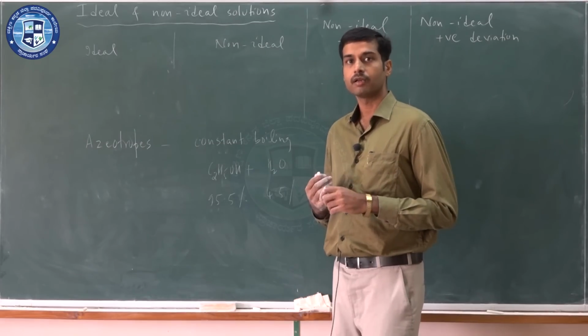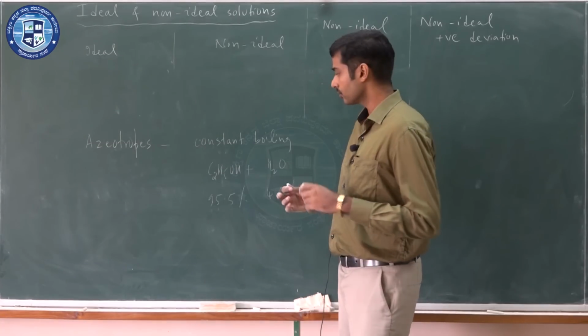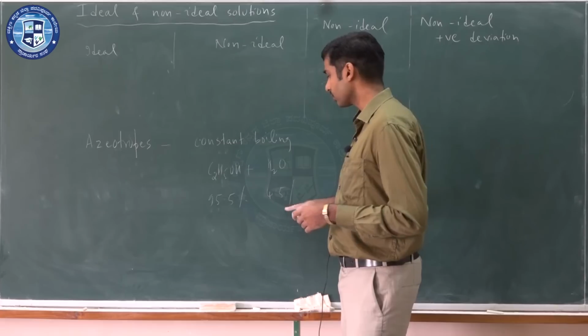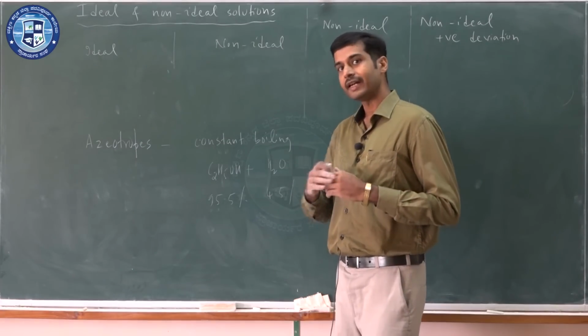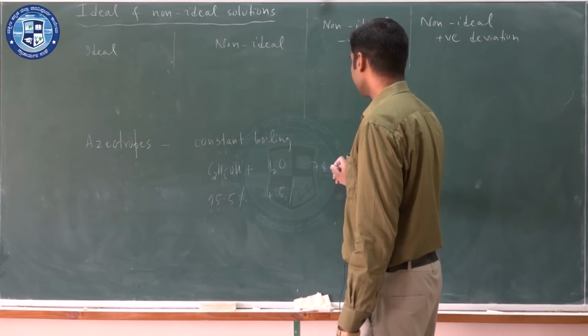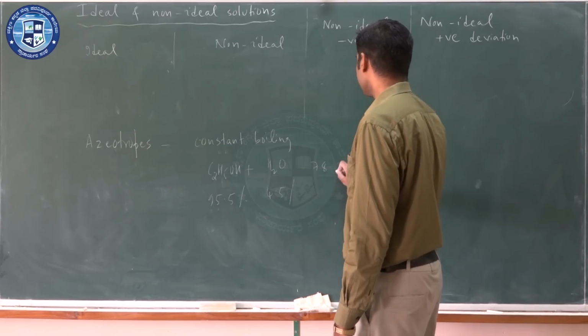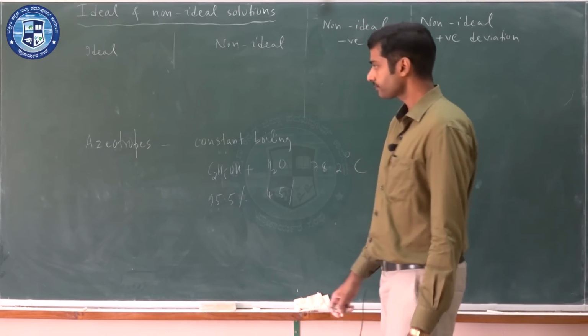Fractional distillation cannot be used to separate ethyl alcohol and water, because as soon as this particular composition is arrived at, the entire mixture will boil off. Say for example, the temperature at which it boils off is 78.2 degrees Celsius.